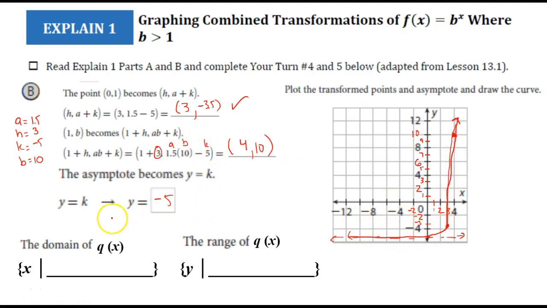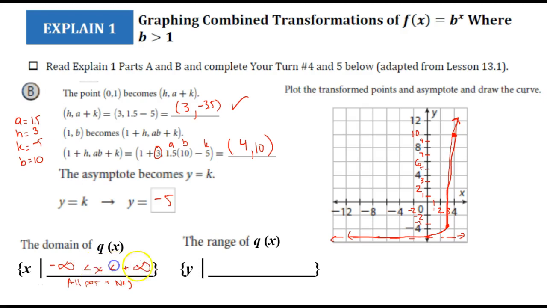And the last thing we're going to do is find our domain and range for our function. So here, remember that we can have negative values for our x value, we can have positive values. So all positive and negative values, and there's a fancy way we write that with a negative infinity and a positive infinity.